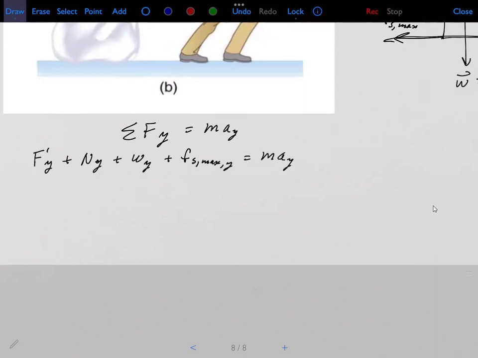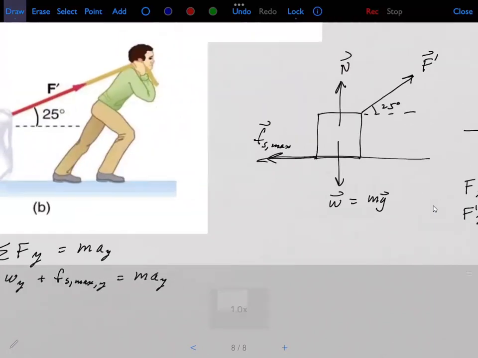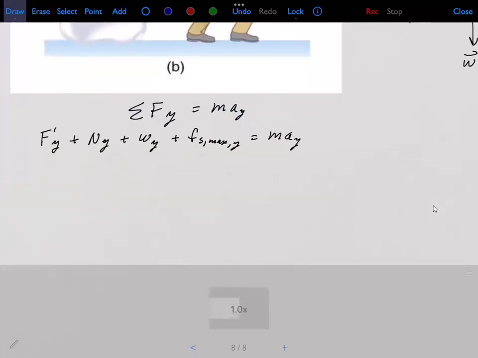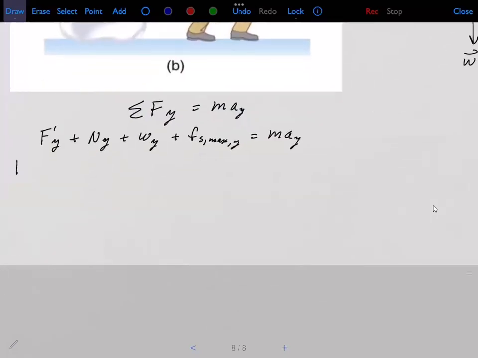Well, what is the y component of the applied force? Again, we're assuming the standard coordinate system where x is to the right and y is vertically upward. Well, that's what we just found, right? The y component of F prime is F prime times sine of 25. So this is going to be F prime sine of 25 degrees.